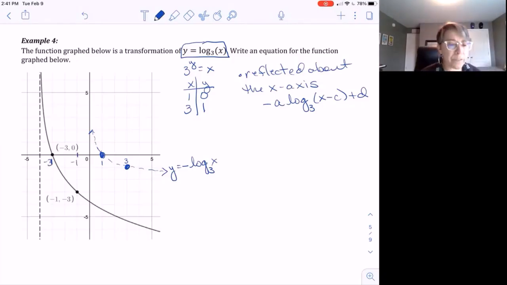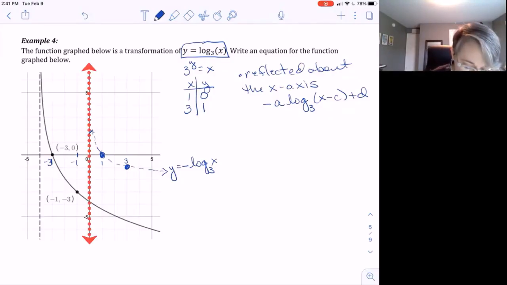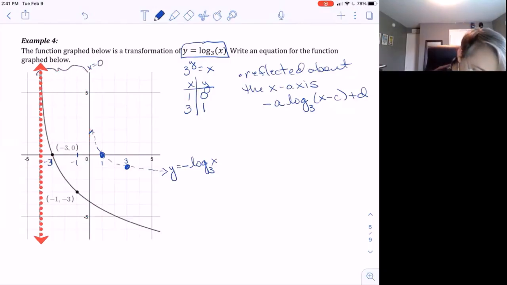So there's a couple of things that are occurring. One of the things that you may notice right away is our original vertical asymptote. Our original vertical asymptote was at x equals 0, and it is shifted left 4 units. Got to be careful. I saw that negative 5 there, and I did the whole problem wrong, shifting it left 5 units. But it's actually landing at negative 4.